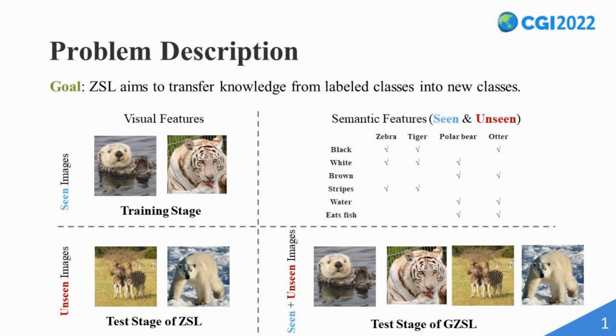During the test stage, zero-shot learning can only recognize samples from the unseen class set, for example, polar bear and zebra, while generalized zero-shot learning is able to recognize samples from both sets, for example, otter, tiger, polar bear and zebra. In this paper, we focus on the more challenging setting, generalized zero-shot learning.